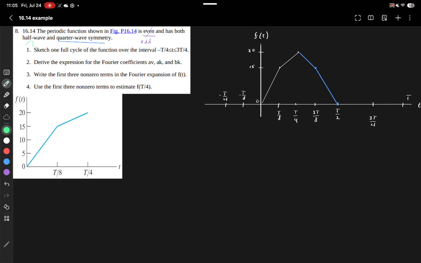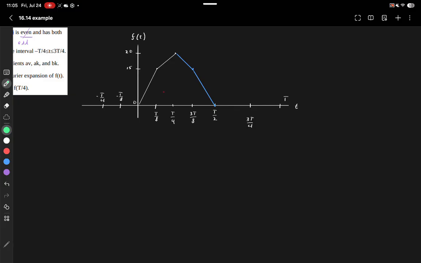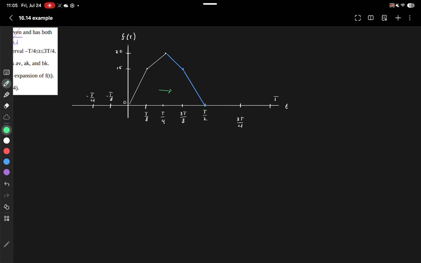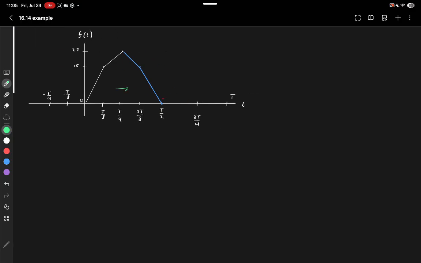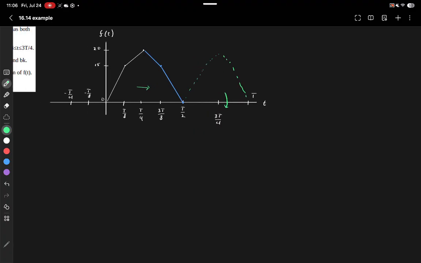Now, with the half wave symmetry, we basically can do the flip shift type thing, where we'll take this portion that is given to us here, we'll move over, and as Fitz does, we get something a little bit like this, and then we just flip that across the x, or in this case, t-axis.